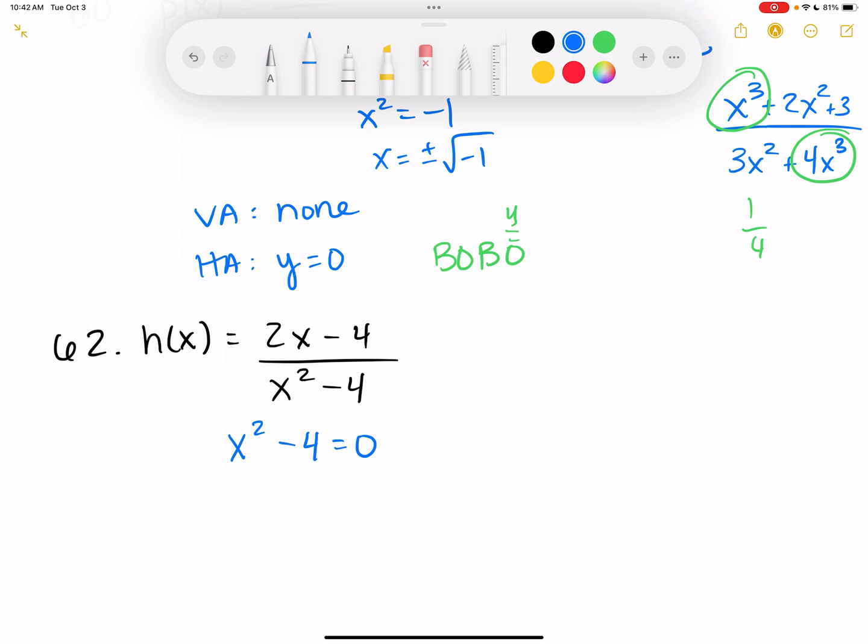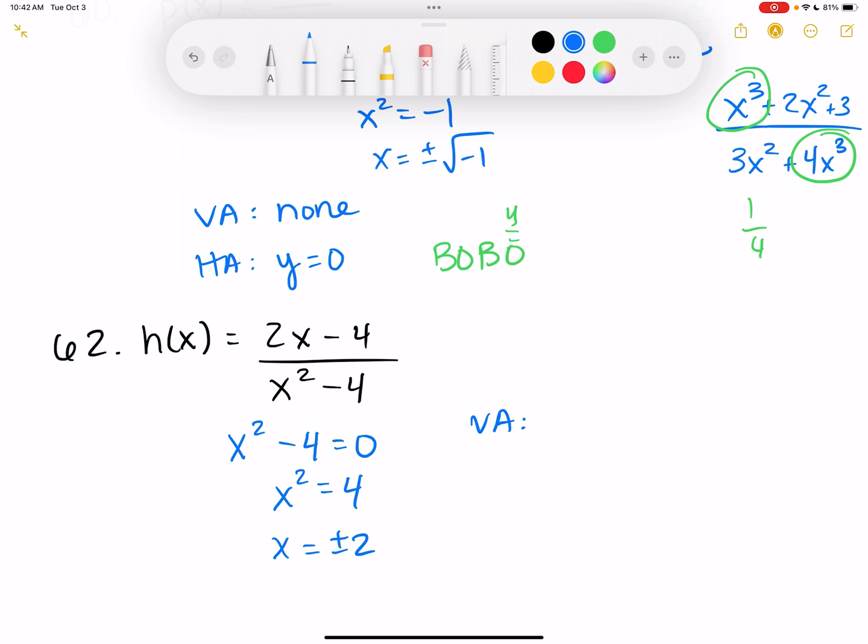Now you can think about this two ways. This is a difference of squares, but you can also just move the 4 over and take the square root, which is what I'm going to do. So x squared is equal to 4. Take the square root of both sides. x equals what? Plus or minus 2.